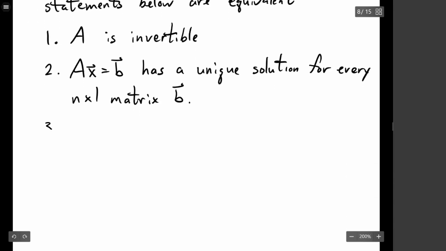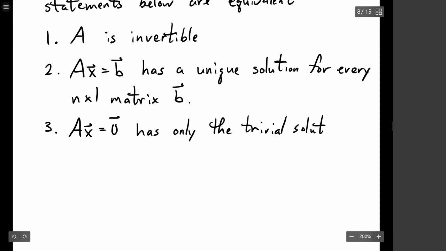So every system of equations you can make out of the invertible matrix has a single unique solution. In particular, the homogeneous system has only the trivial solution, X equals 0.